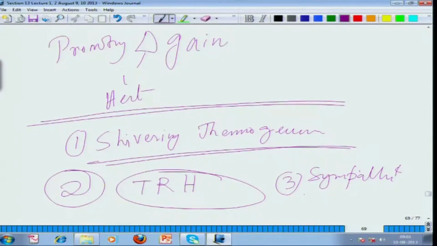There may be sympathetic innervation, and there are other hormonal pathways which take care of your heat gain process. Shivering is the easiest one, but there are non-shivering ways where the thyroid hormones play a critical role.